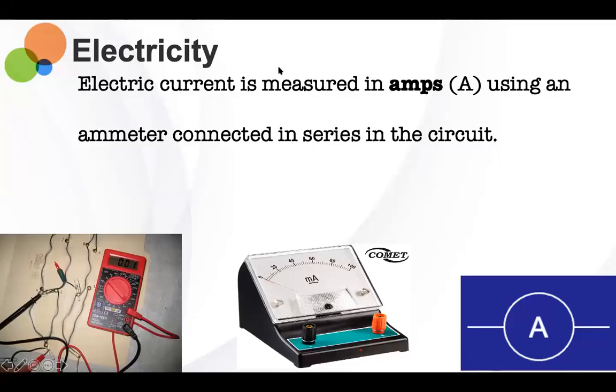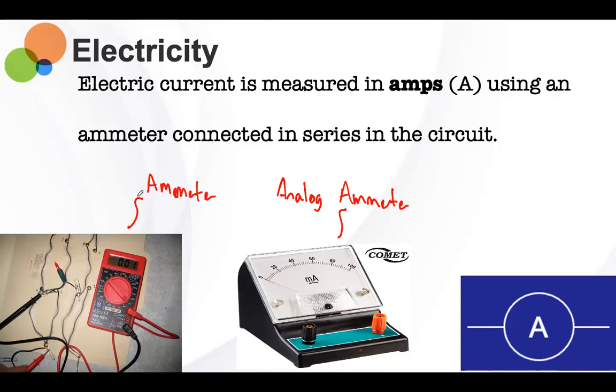All right, so this machine right here, if you remember correctly, is called an ammeter. So this is an analog ammeter, analog, and this is a digital ammeter.